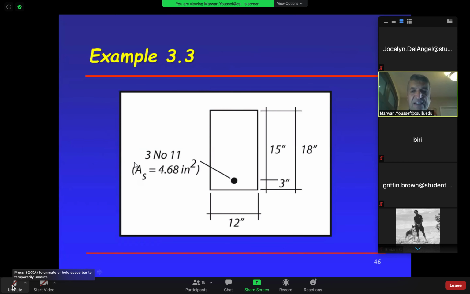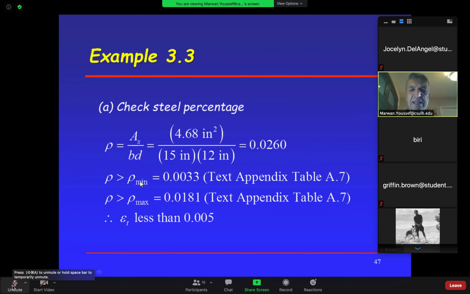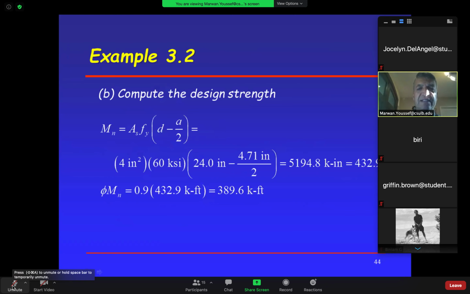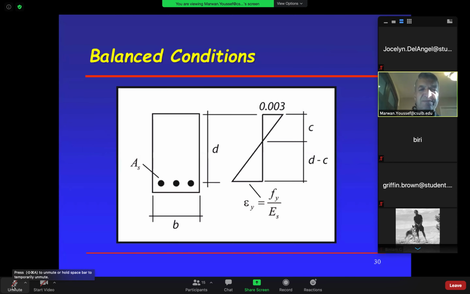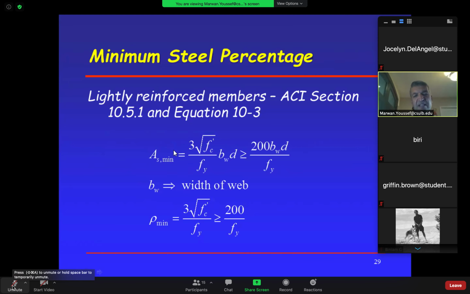Then you can find rho minimum. In that table, you can find rho min comes out to be 0.003. If you plug those into the equations, and let me go back there if you don't mind, you're going to get the same answer right here. Remember this equation, AS minimum, which leads us to rho minimum? Same thing. But why do this when you can just pick it up from the table?